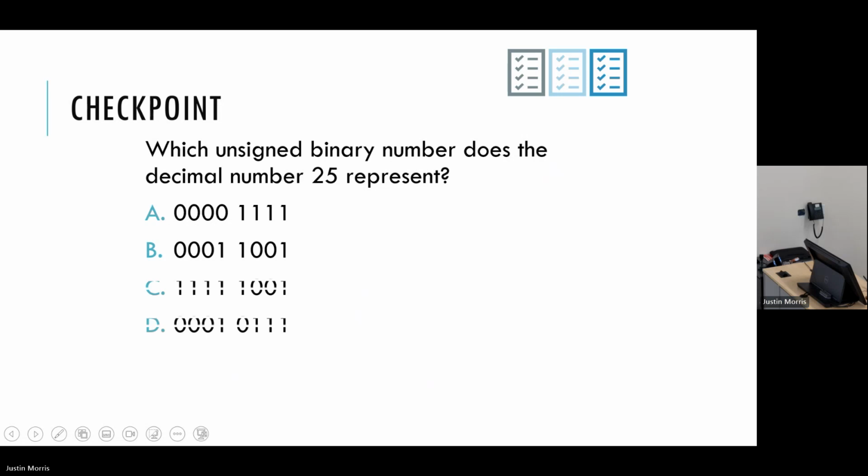All right, so here is a checkpoint. I want to go through this a little bit quickly. Just want to give you the code first. So the code for today is 391.